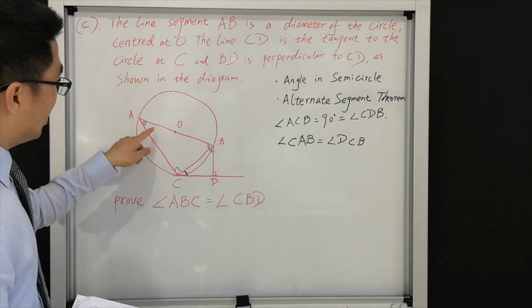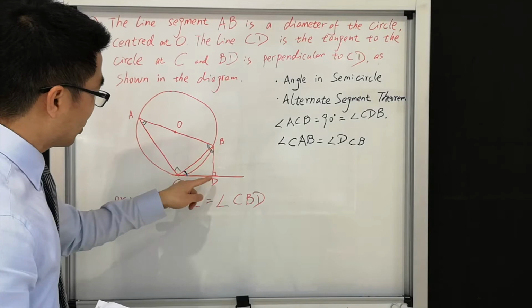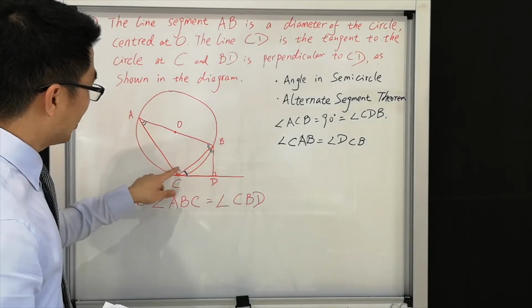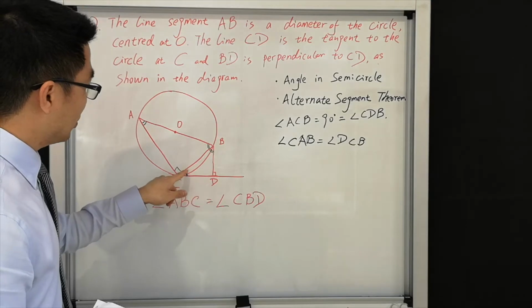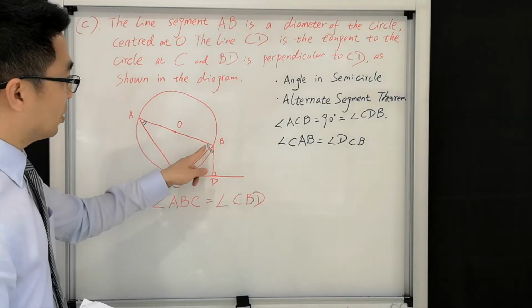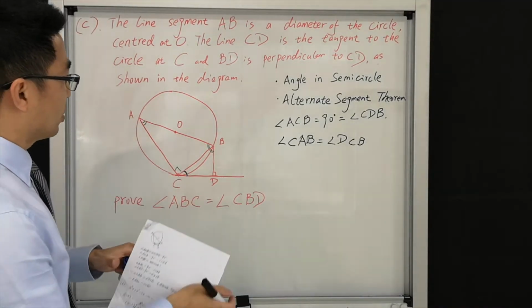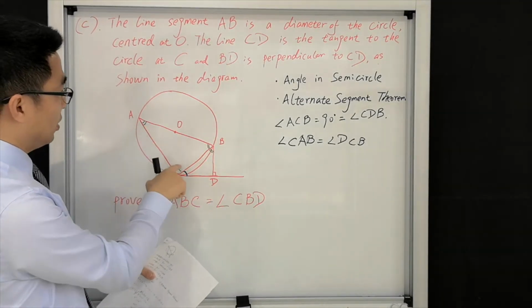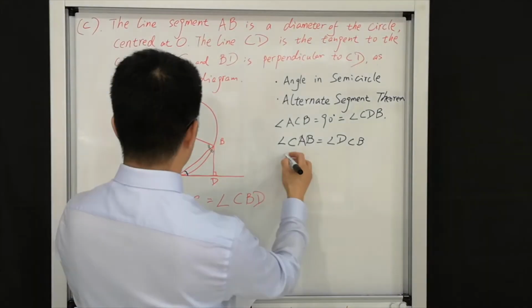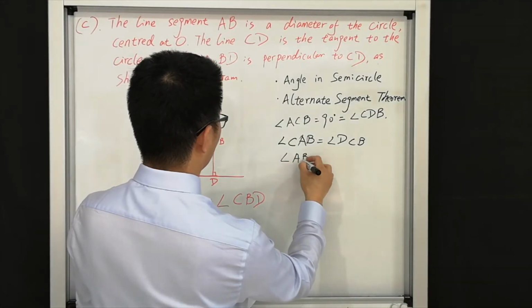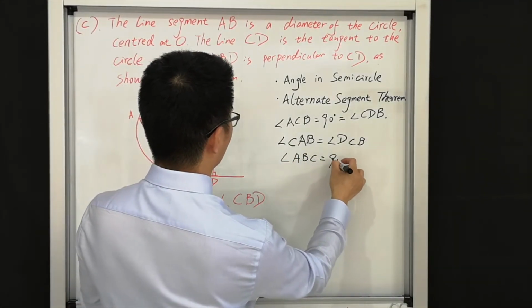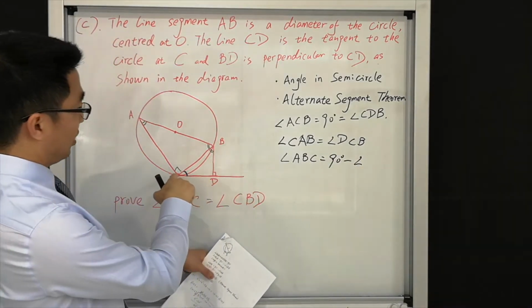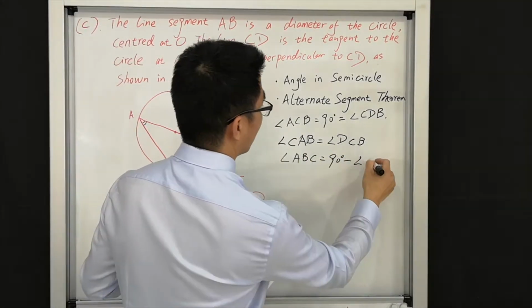So in this triangle and this triangle, we have two pairs of angles that are the same. This one equals this one, and this angle equals this angle. Within this triangle, angle ABC equals 180 minus this angle and this angle, which means angle ABC equals 90 degrees minus angle CAB.